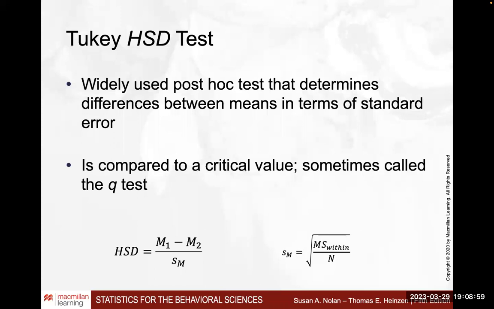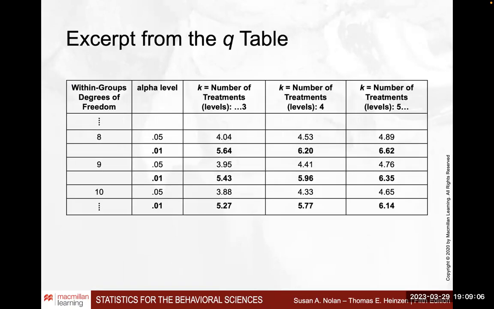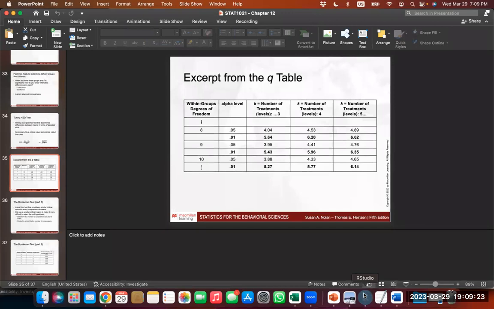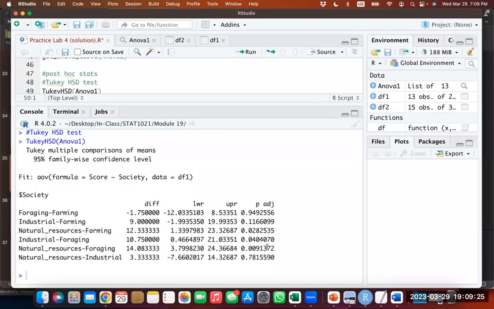So this is essentially a standard hypothesis test. And then this derived Q is then compared to the Q table. And this gives you the actual p-value. However, R has basically transformed this into a p-value.